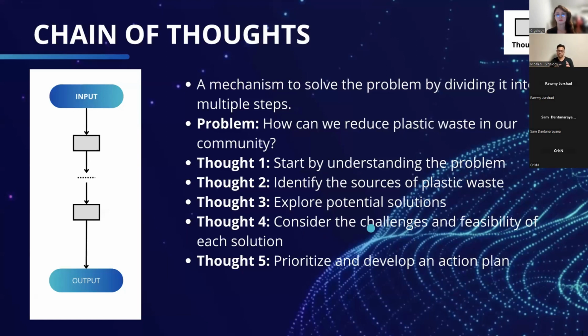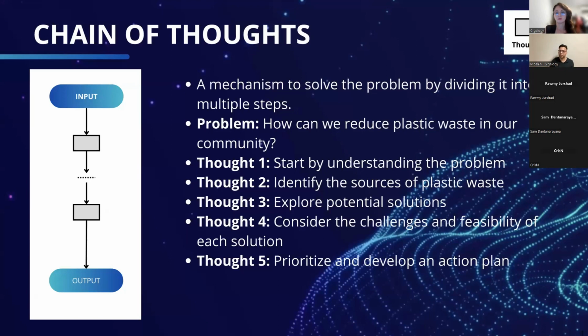So the good thing about it is, let's say if I ask this to one of our members in the company, they would probably do the same. They wouldn't jump into giving me an answer, because we humans actually do the same thing. We first try to understand the problem, then identify the source, try to find some options or potential solutions, then look at the pros and cons of each of these solutions.